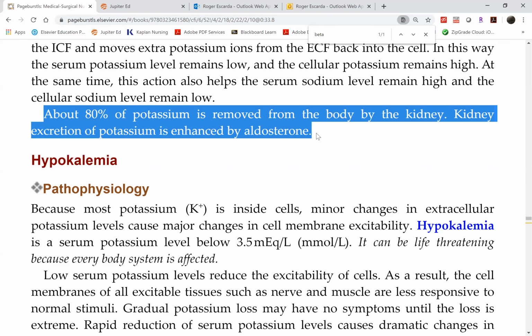Therefore, since the kidneys eliminate most of it, if the kidneys are not working, can you eliminate potassium? No. What will happen if you started with hypokalemia and then you gave this patient either oral or IV potassium and there's no kidney function?